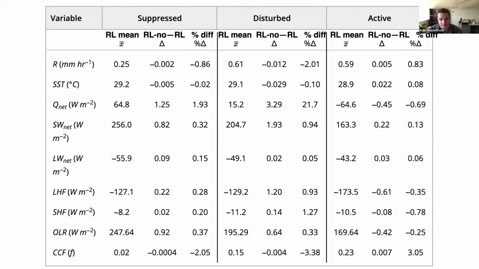Some of these differences seem pretty small, like the SST change of 0.03 degrees during the MJO disturbed phase. But this actually represents about 15% of the composite SST range across MJO events. So it's still fairly appreciable, although it's a small number.